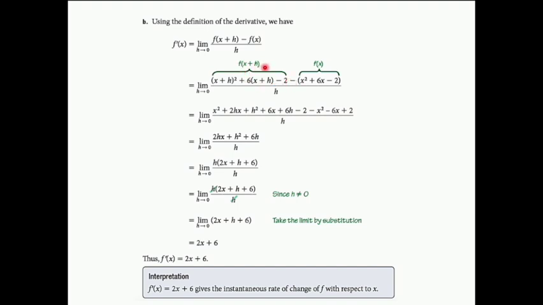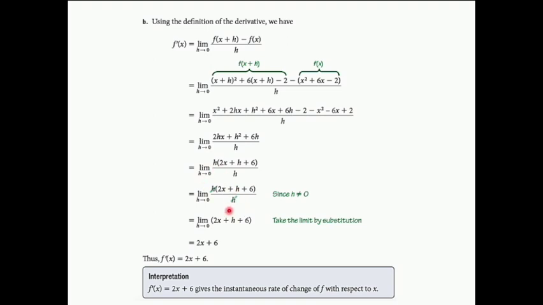You can see that the author of the book labeled it. So this was x squared, this was 6x, but now we're replacing the x with x plus h, and then we have the minus 2 for the constant. Then we have to subtract our f of x, that's this. And then we go through the process of cleaning it up, and a lot of things should cancel.